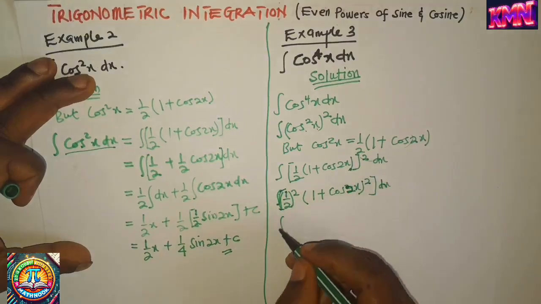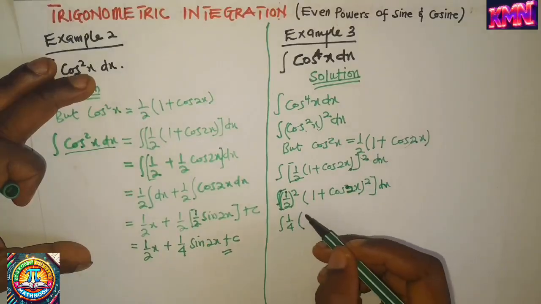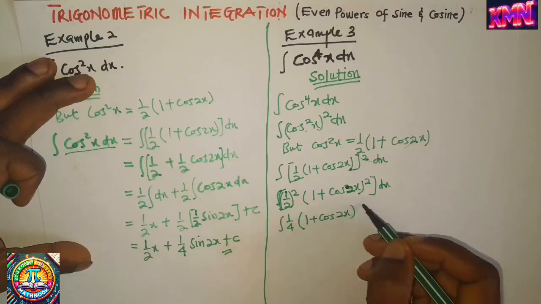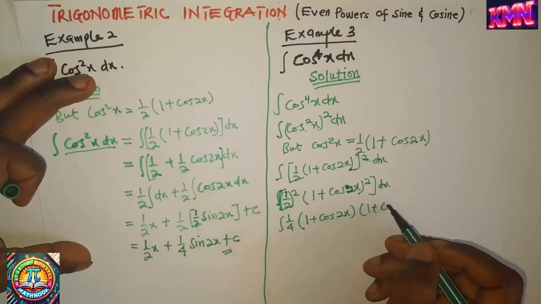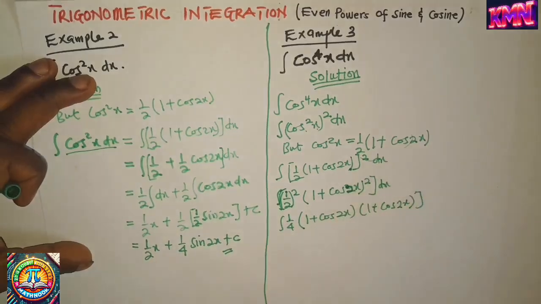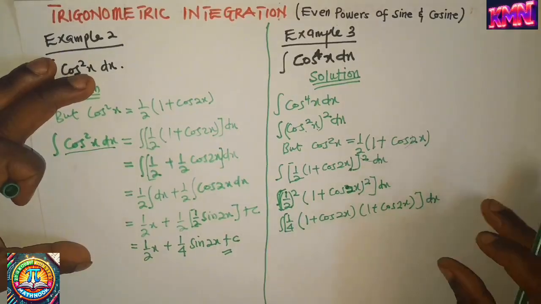So the constant will give us 1 on 4. Then we are going to have 1 plus cos 2x, 1 plus cos 2x dx.